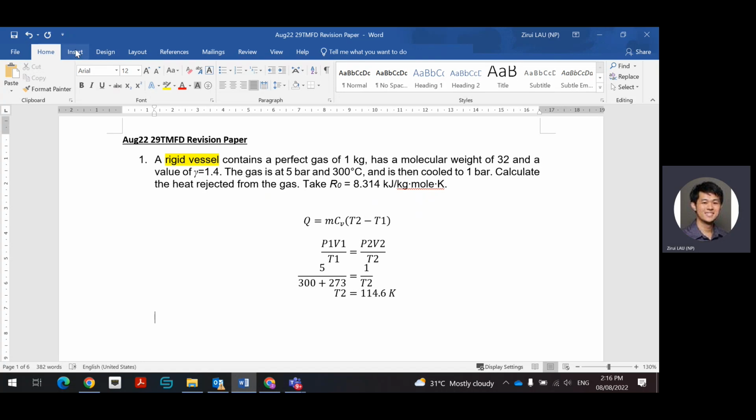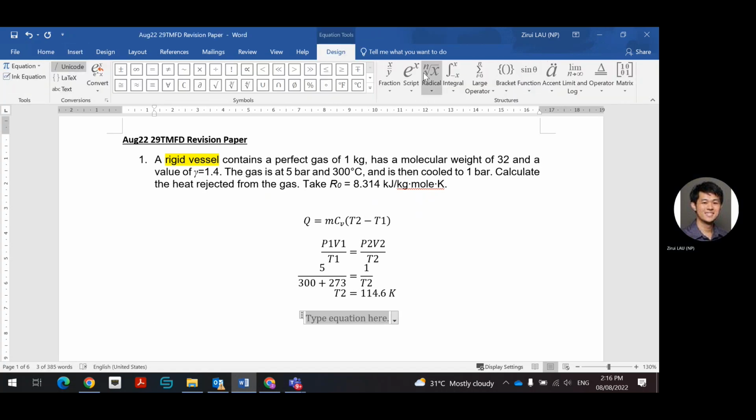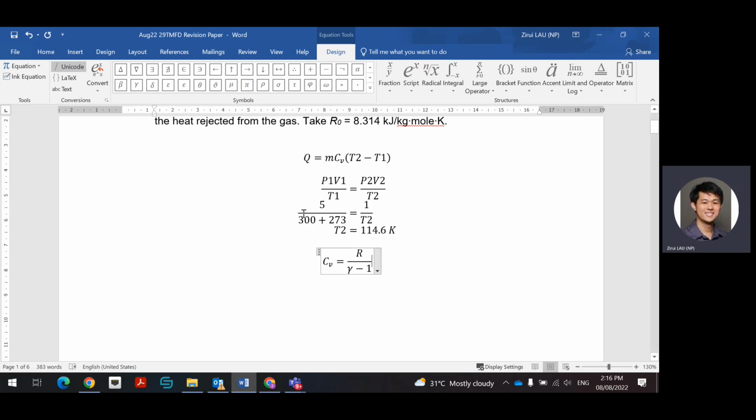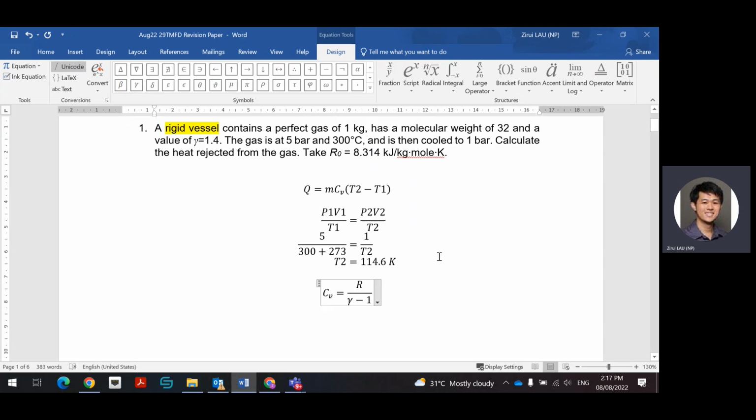To work out the Cv value, we will be using this equation: Cv equals R over gamma minus 1. Take note, this equation here is not in your formula list. So if you want to use this, you have to memorize this.